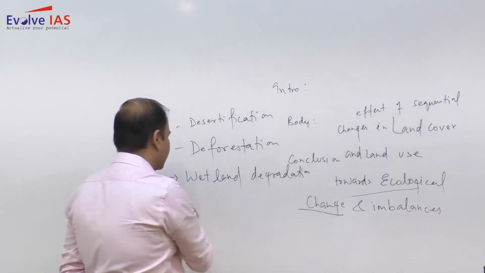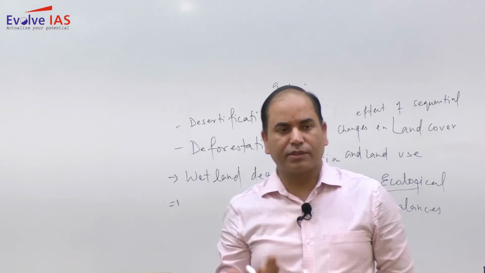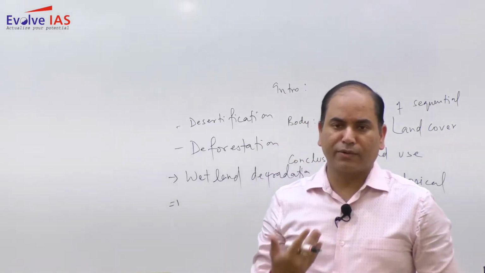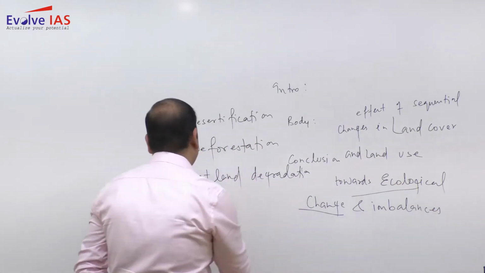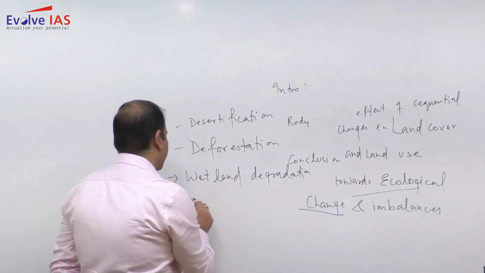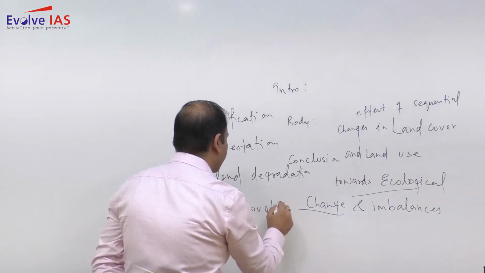In different places water bodies are being encroached upon, and that has lots of effects like floods and droughts.